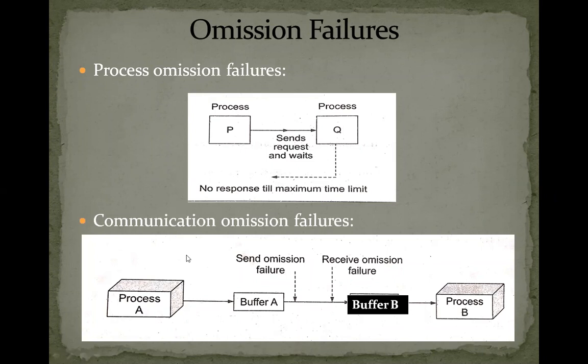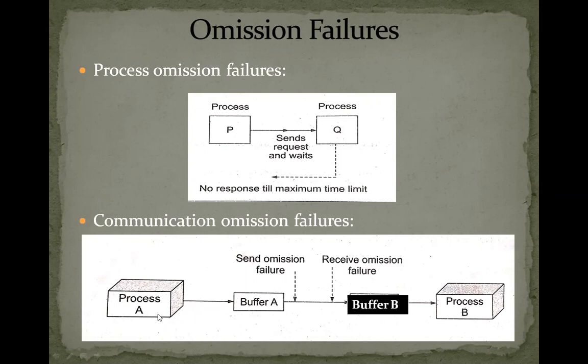Second one is communication omission failure. Communication omission failure means there is a loss of message in the transmission process. If you take the example given in this particular figure, process A wants to send a message to the process B, and the transmission is done through a buffer.